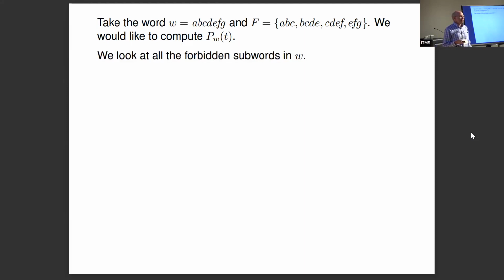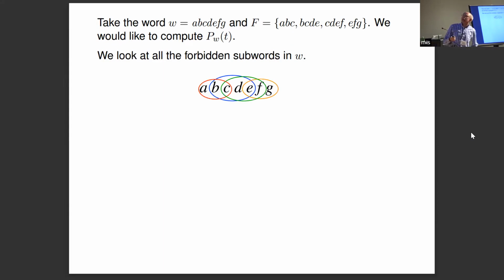So first, let's look at all of the forbidden subwords in W. Here's a picture that shows all of them. There are 1, 2, 3, 4 of them. So we want to get a cluster. That means we have to take some of them that overlap and cover everything. One observation is that any cluster is going to have to contain, looking at these from right to left, G has to be in one of the forbidden subwords, and it's in only the last one, EFG.